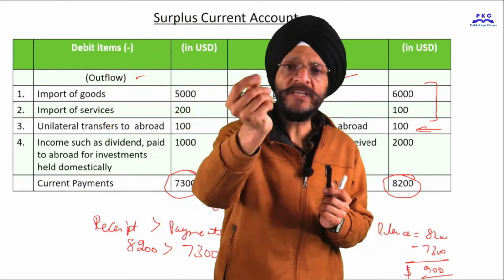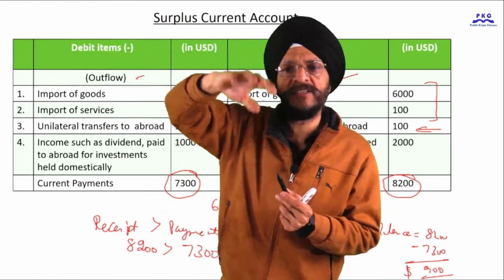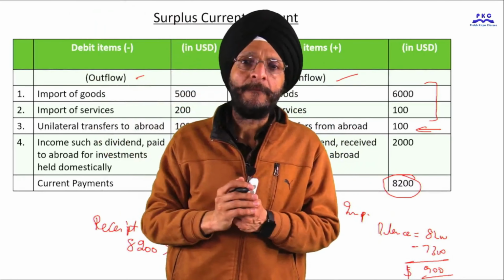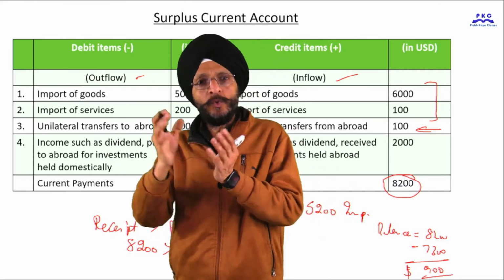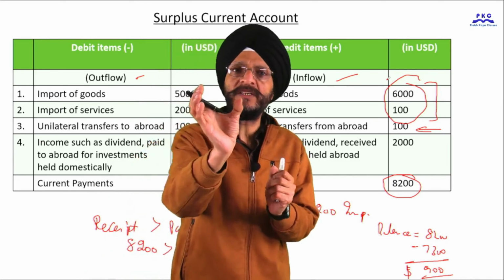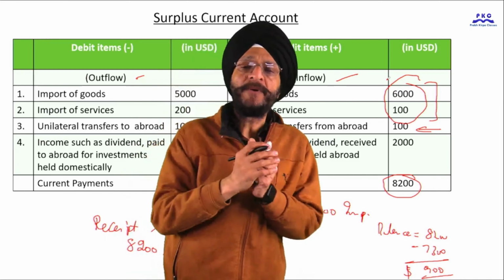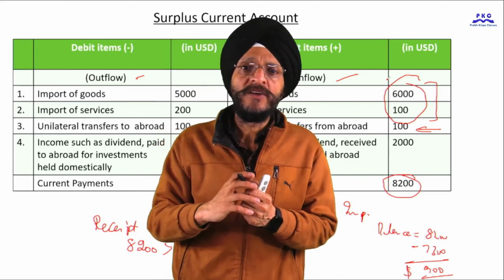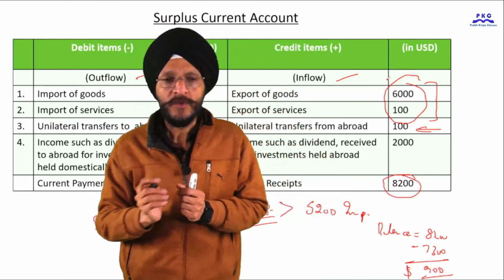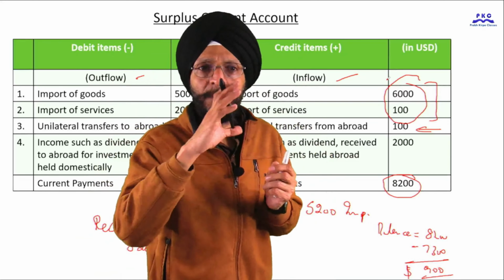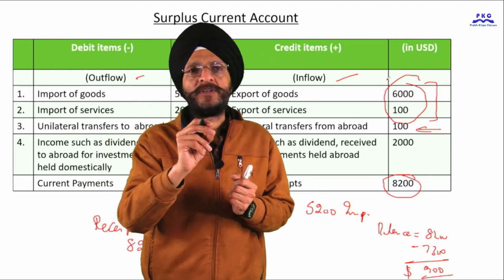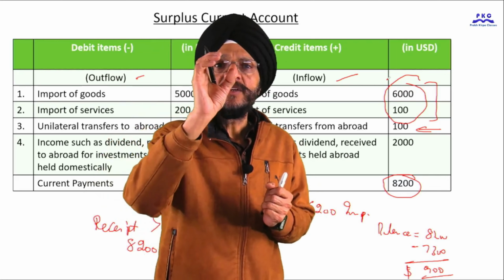Suppose we are exporting rice, there may be many countries in the world exporting rice, but we are able to do this export to the tune of 6,100 or 6,000 if we talk about only rice, because our exports are competitive. We are selling at competitive price in the international market. So what is the net result? Surplus current account indicates that the country is a net exporter. The economy is competitive.